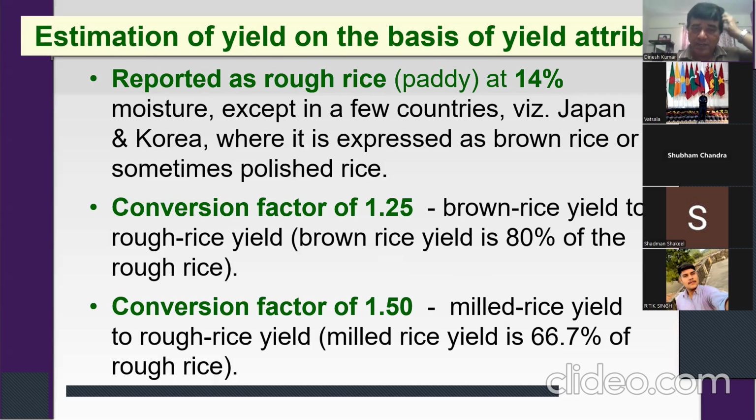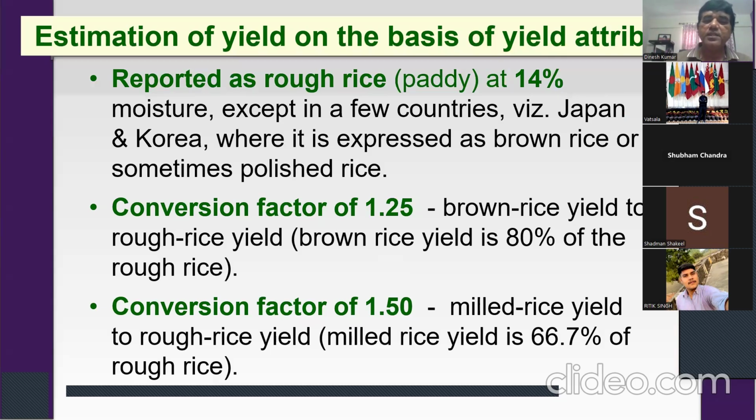A conversion factor of 1.5 is used when you want to convert milled rice yield to rough rice yield. Milled rice into 1.5 is equal to rough rice. Or if you want milled rice, then rough rice divided by 1.5.